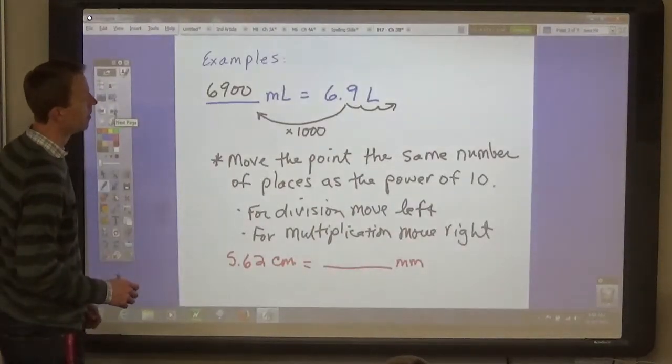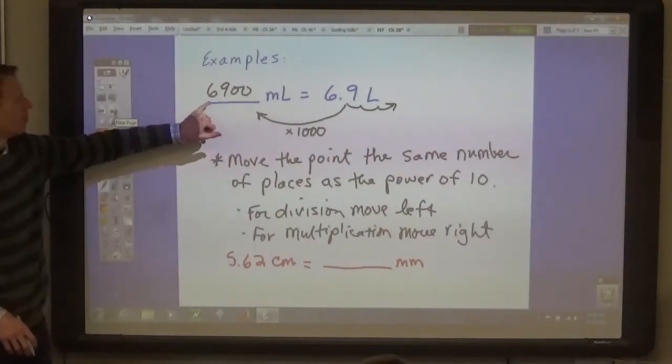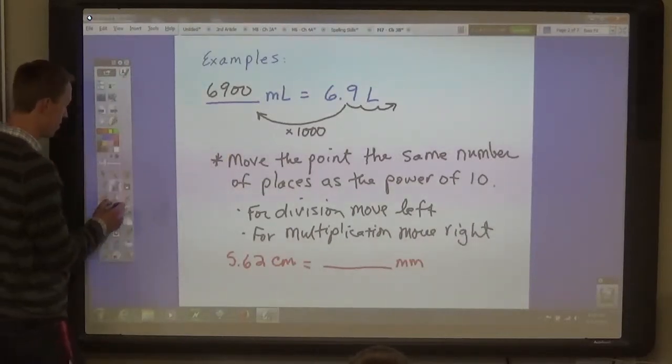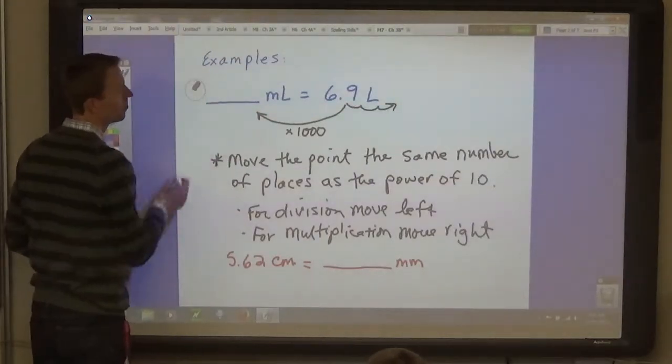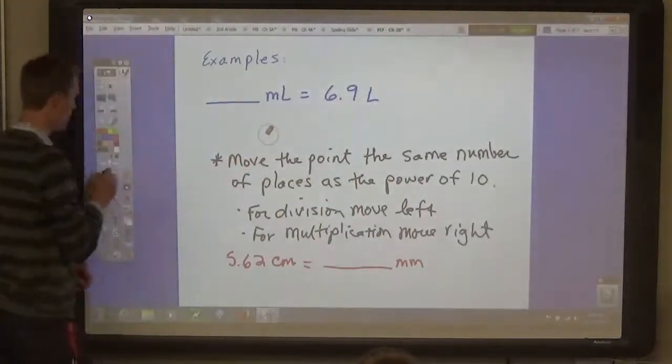Now, this is another example without the chart. 6,000, oh, I already have the answer for you. From liters to milliliters.